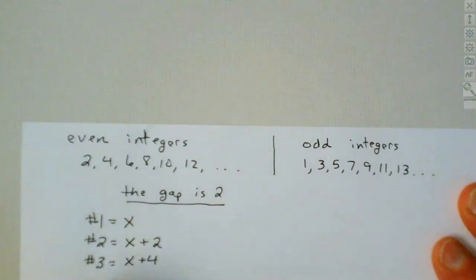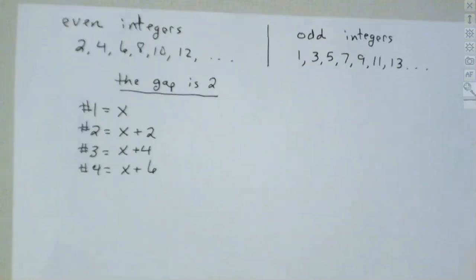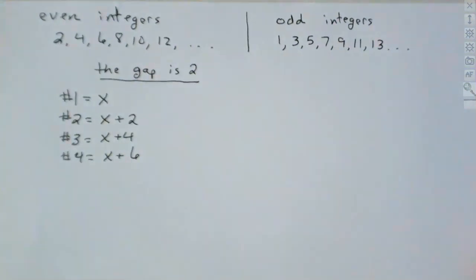So that would be 4, right? And the fourth number, if I wanted that one, it would be x plus what? 6. Do you see the pattern here? I always start off with the first number being x. If they're just plain consecutive integers, you add 1 every time. If they're even or if they are odd, what do you add?